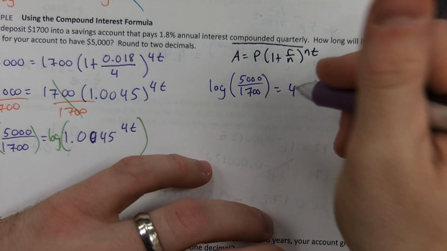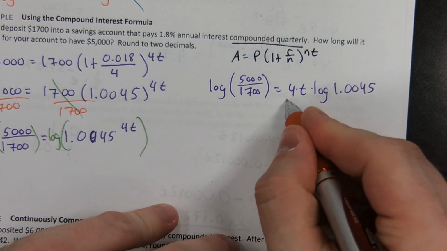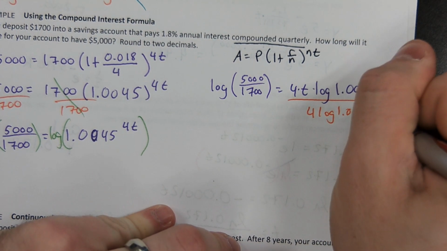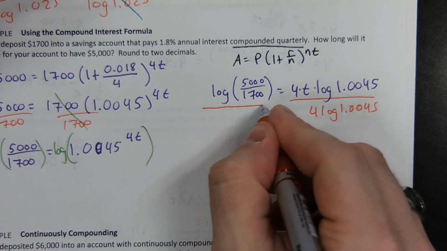But since that's all multiplication, let's get t alone in one step. Instead of doing 2 divisions, let's just divide by 4 log of 1.0045.